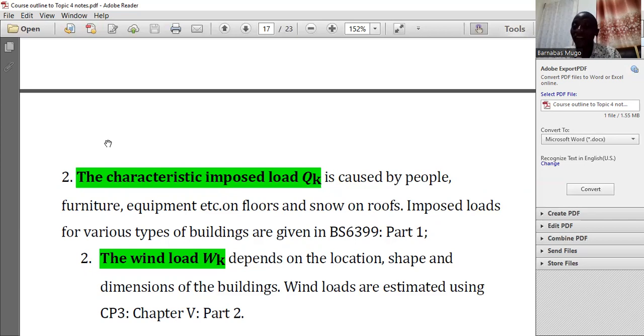The weight of the tank is the dead load; the weight of the water is the live load. In short, imposed load or live load is the load that can be removed from that structure, and it is abbreviated by Qk.